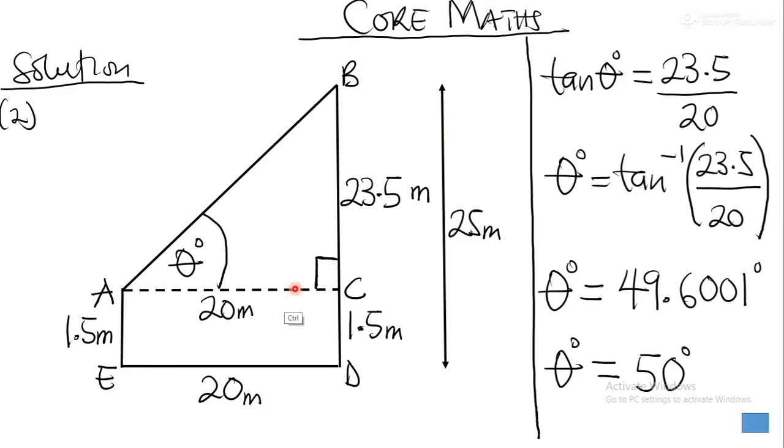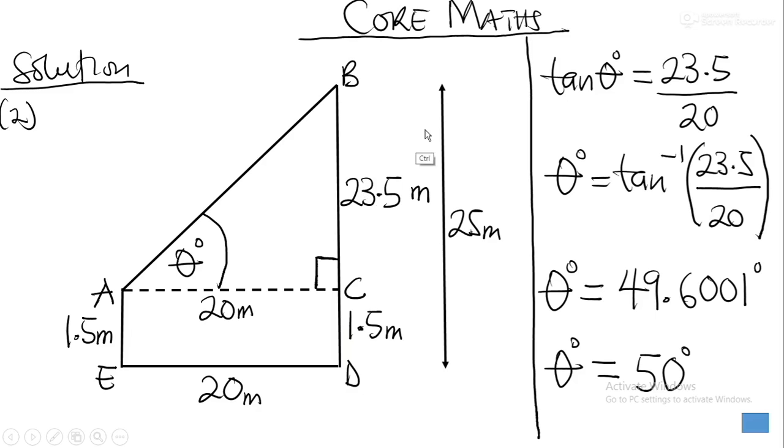Now, AC is the same as what? ED, because they are equal and what? Parallel. So here, AC will also have the measure what? 20 meters. Also, CD is equal to what? AE. Is that okay? So CD will also have the measure what? 1.5 meters. Good. Now, where from this 23.5?